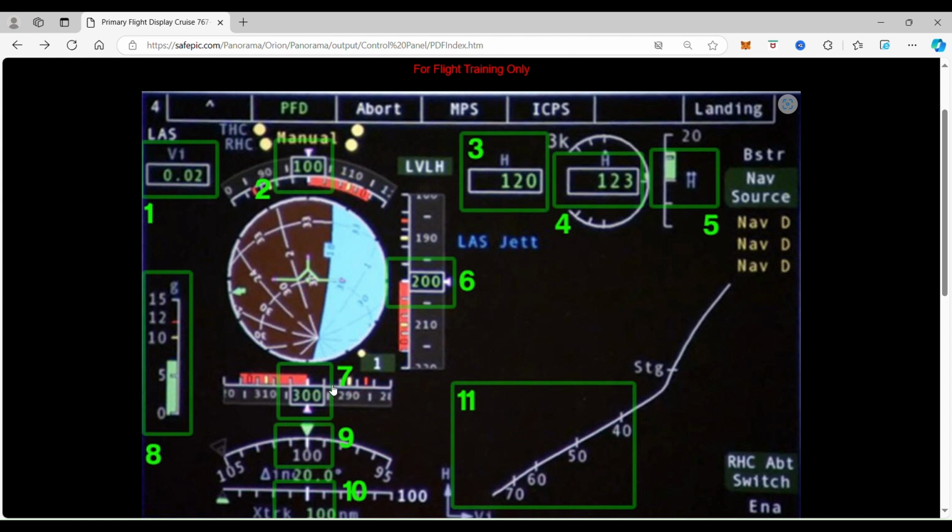So this is the yaw, then this is the heading here, and then this is the cross track. 10 is the cross track, and that's telling you how many nautical miles you're off from the track that you were supposed to be on. So it goes up to 100. And then this is the actual trajectory plot, and that's the plot that you're going with respect to the Earth.